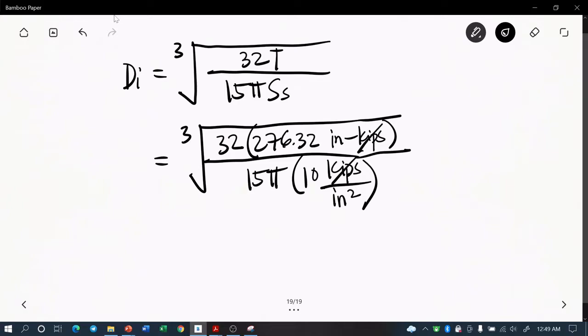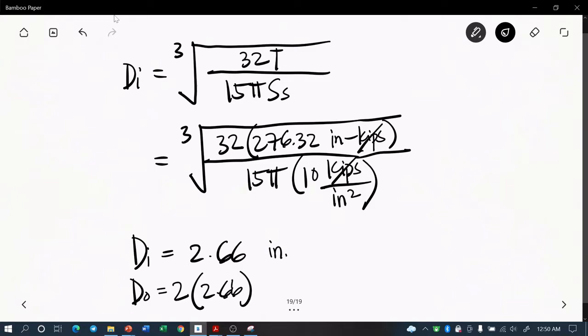So we're going to cancel kips, and this is going to become inch cubed, and thus we have 2.66 inches. Okay, and the d sub O, or the outside diameter, which is equal to 2 times d sub I, is equal to 5.31 inches.